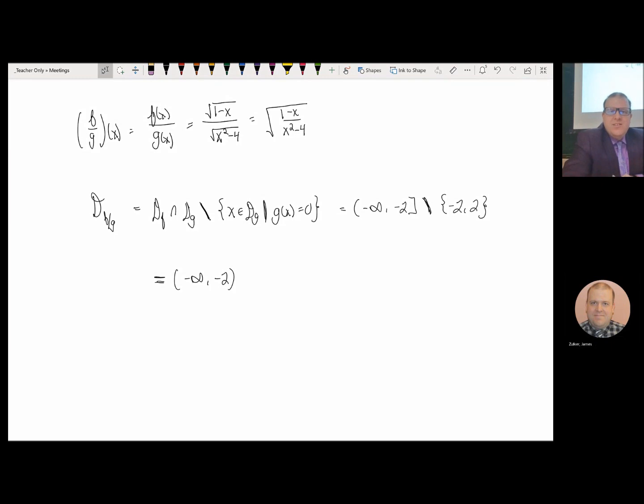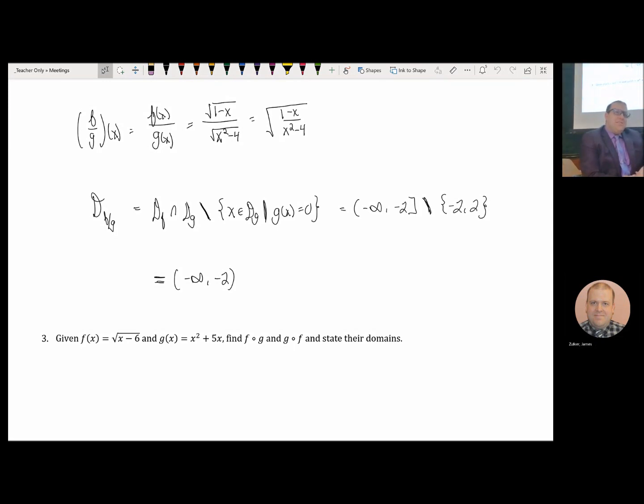So that's enough with the familiar operations. Right. Addition, subtraction, multiplication, division of functions works almost the same way as if you're just doing basic arithmetic. This should be your first look at a new operation.